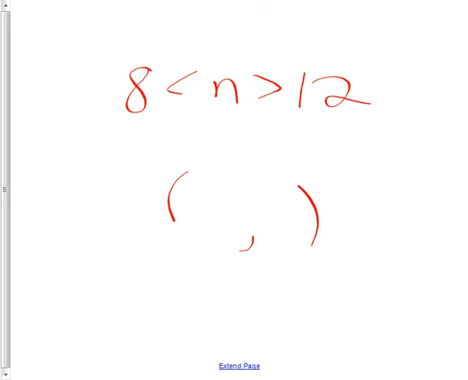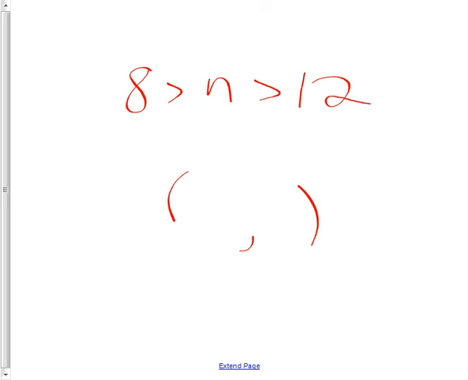And think about that. If you're bigger than 8 and bigger than 12, or you're just bigger than 12. So usually you see it with only one sign going in one direction, like this, or like this if you go the other way. Is that even okay? Is that possible to have it that way?